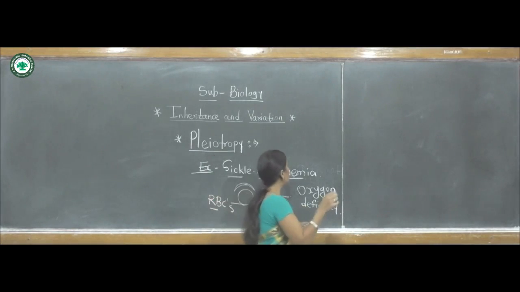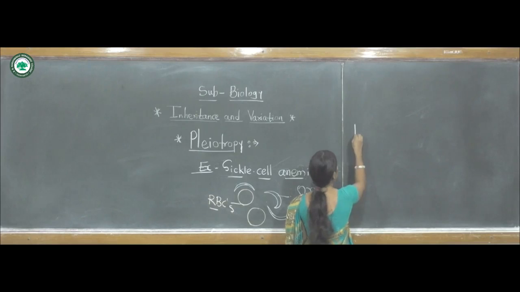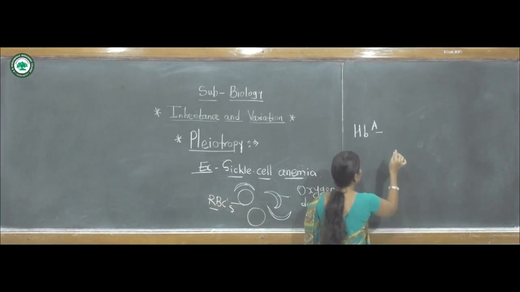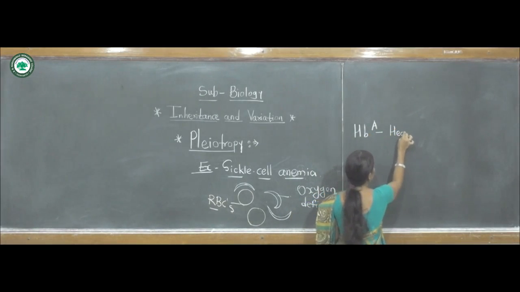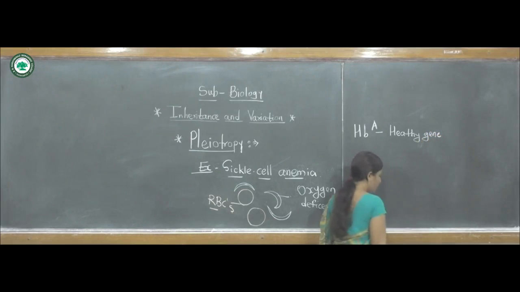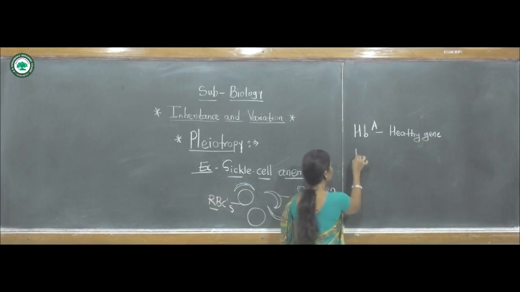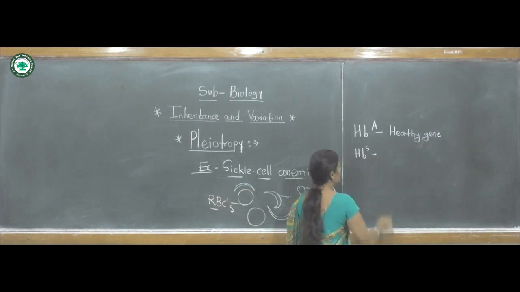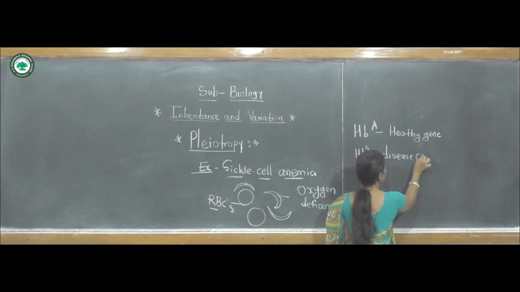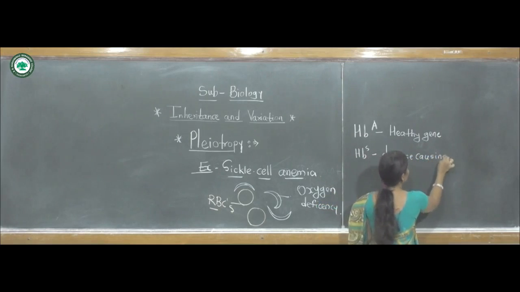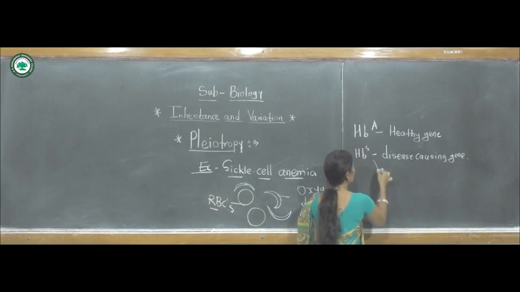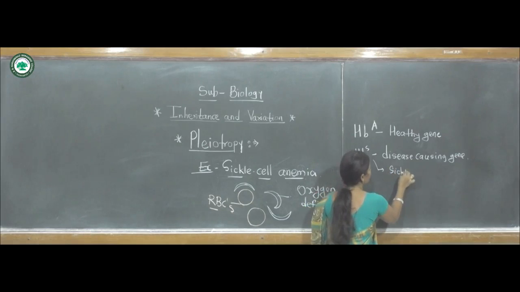The first gene is HBA, which is a healthy or normal gene, and the other is HBS, the disease-causing gene, and this gene is also called the sickle cell carrier.